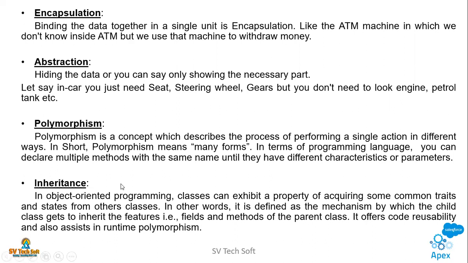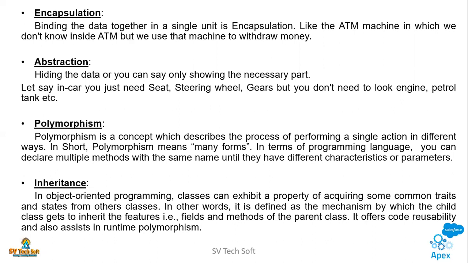In terms of programming language, you can declare multiple methods with the same name as long as they have different parameters. Take an Apex class, which contains a collection of variables and methods. Polymorphism means more than one method with the same name but different parameters. For example, the method name is calculation. Depending on the parameter, if you do addition, it will add; if you do subtraction, it will subtract; with the asterisk symbol, it will multiply. Only one logic, based on the sign, performs n number of actions.